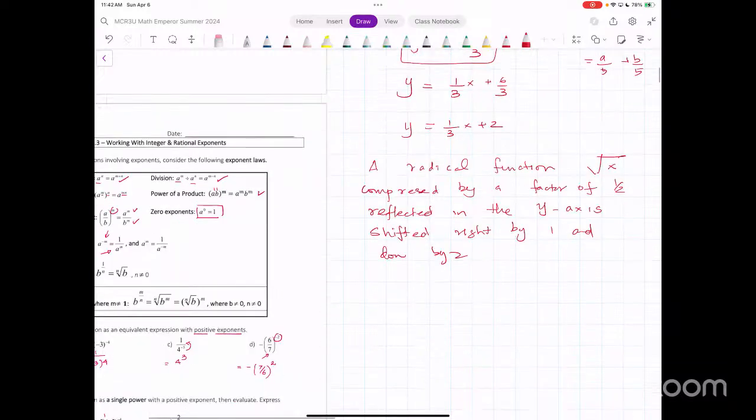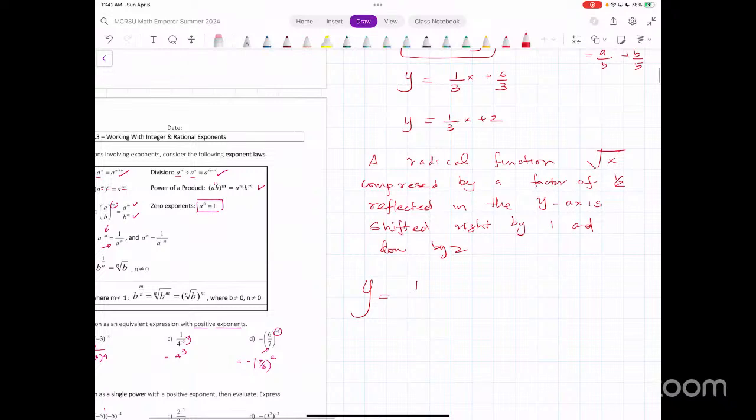So how do we do that? y is equal to 1/2 of the root, reflected on the y-axis so there will be a minus, and shifted to the right, x minus 1, down by 2. You lose 1 mark because you didn't put the bracket. Down by 2 units means it should be minus.